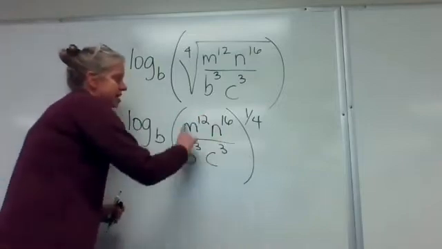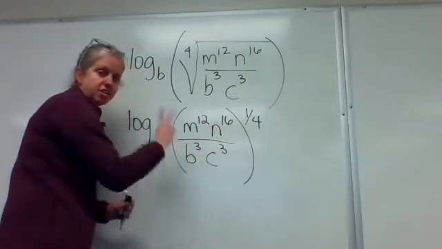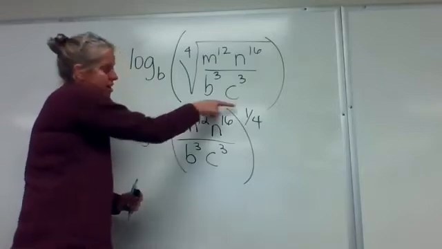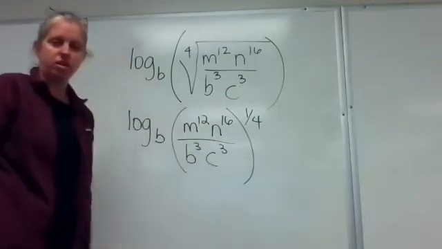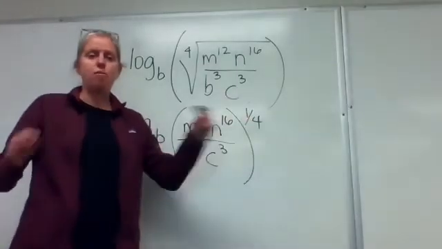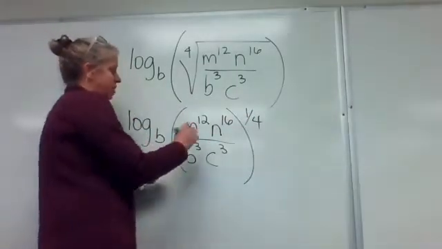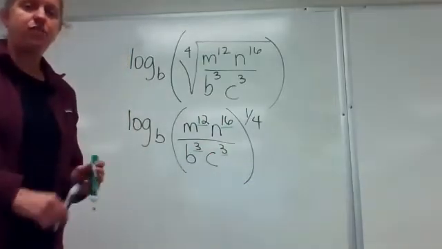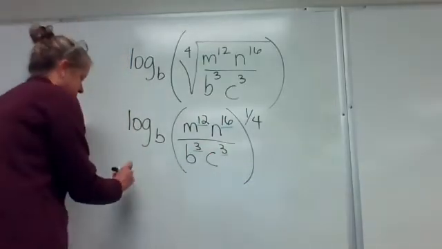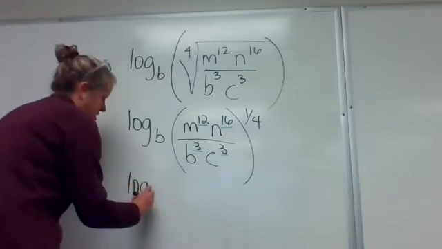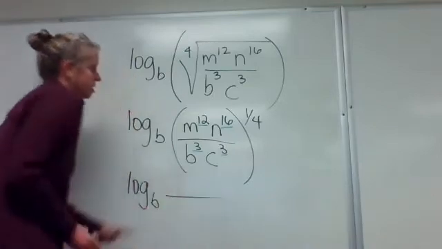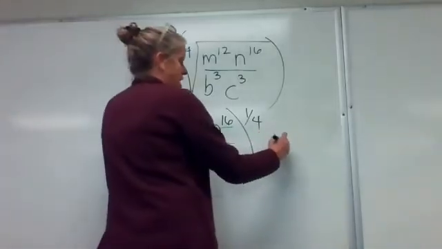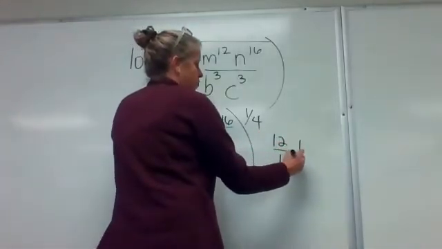So everybody in here has 2 exponents, right? They've got their own individual exponent, and then they all also have that 1/4. So now, to get rid of that 1/4, I need to go through and multiply everybody's exponent times 1/4. So that's going to give me log base B. I'm going to have m being raised to the 12 and 1/4.